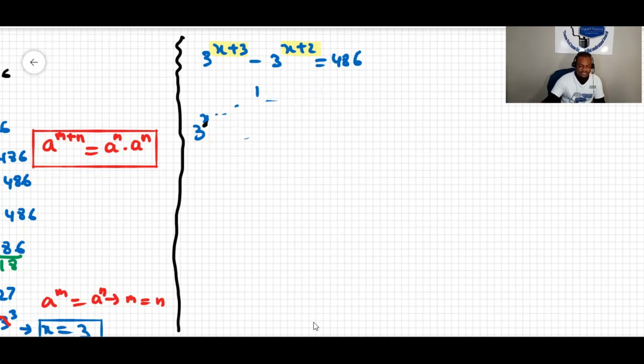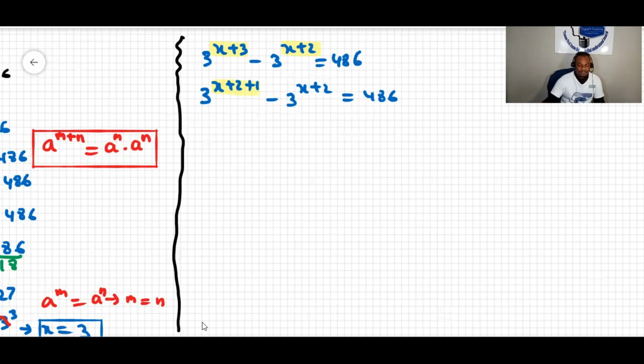For better understanding, let me just redo the previous slide. This can be written as 3 to the x plus 2 plus 1. We do know this is equal to 3 to the power of x plus 3 minus 3 to the x plus 2 equal to 486.